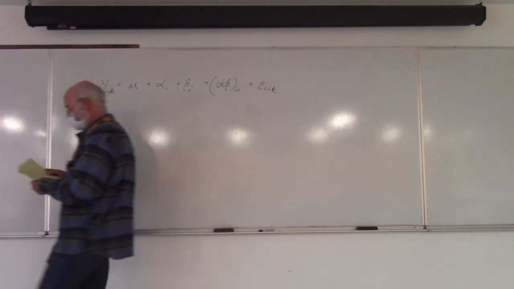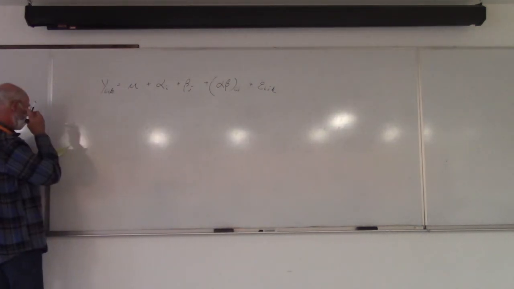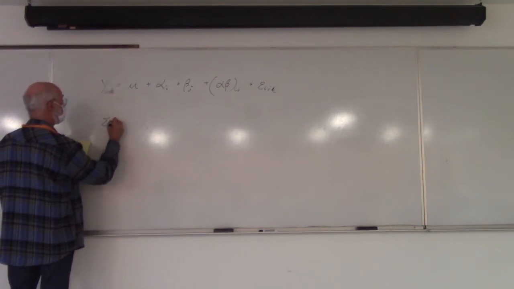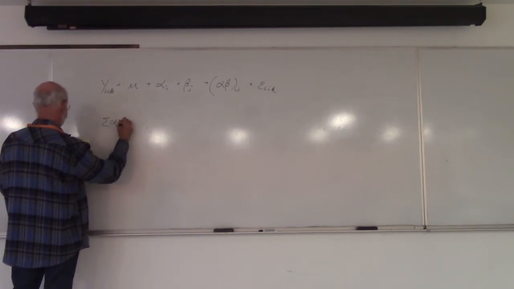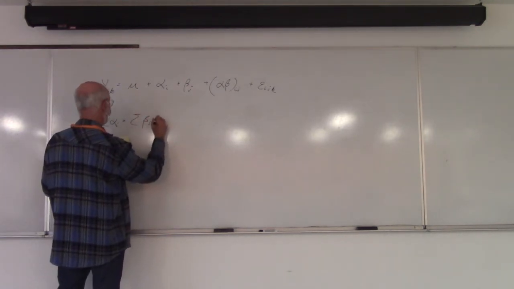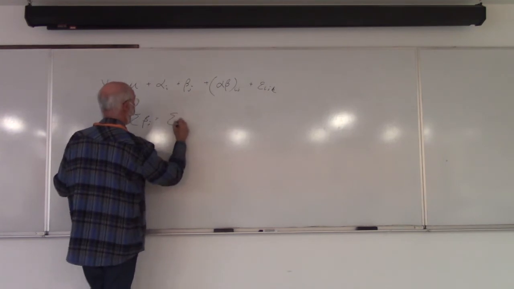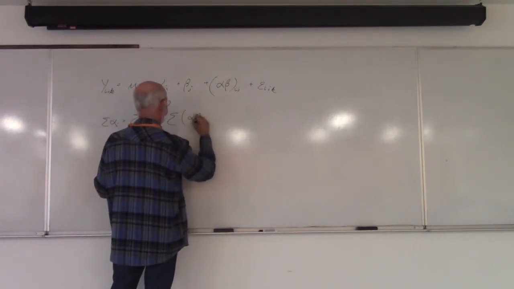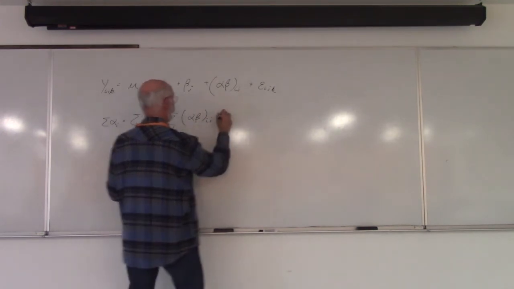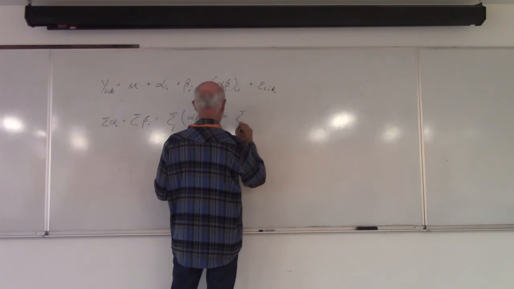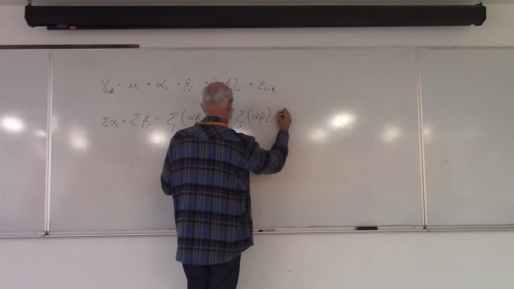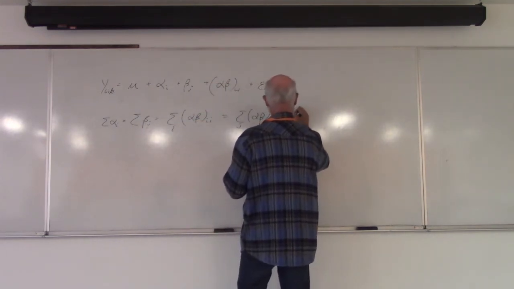All right. We need to make some assumptions, okay? Our assumptions are going to be that the sum of all the alphas is equal to the sum of all the beta_j's, is equal to the sum of all the (alpha beta)_ij's. That's the sum across i is equal to the sum across j of all the alpha betas is equal to 0.